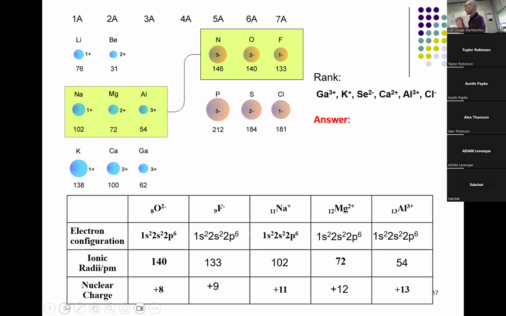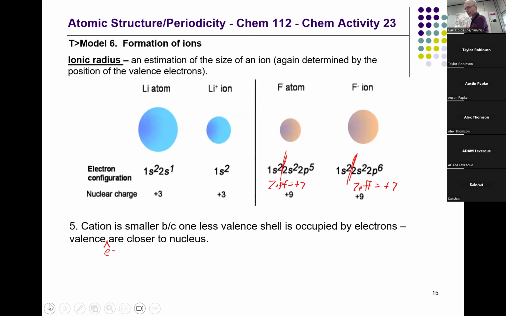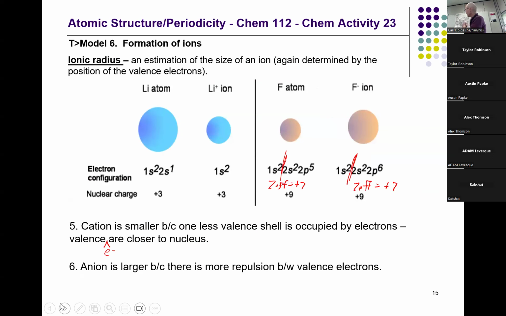So we've looked at a couple of different explanations here. So maybe just to kind of go back for a second, just because when you got a bunch of different things going on, it might be hard to keep it all together. So generally, across the periodic table, the most important thing is the nuclear charge is going up. Down the periodic table, the size is getting bigger.